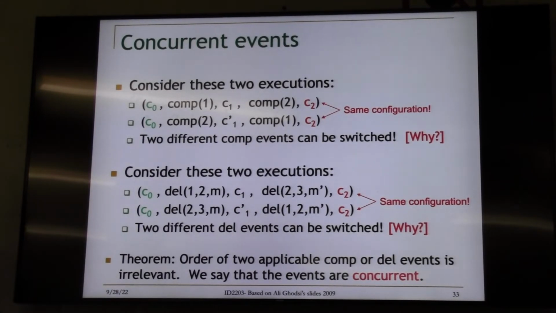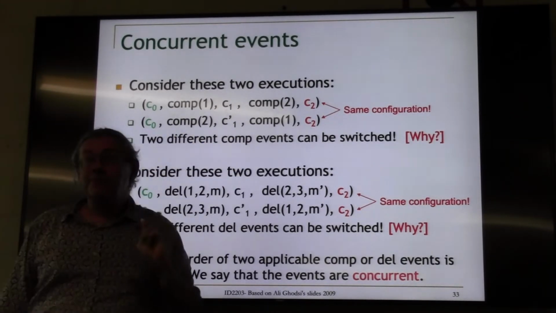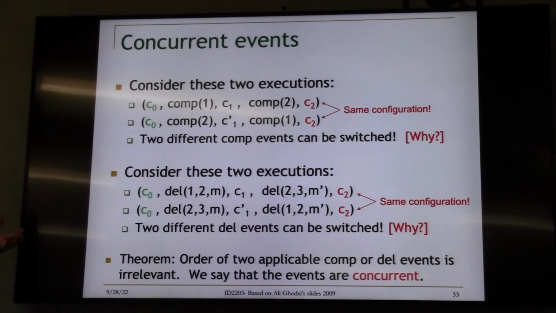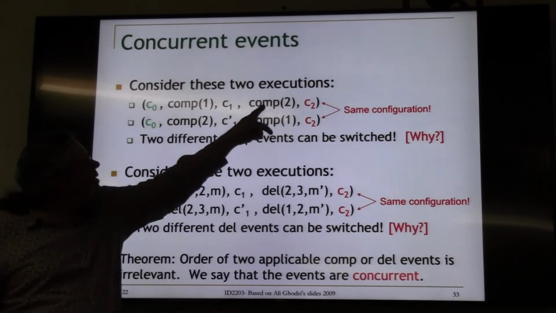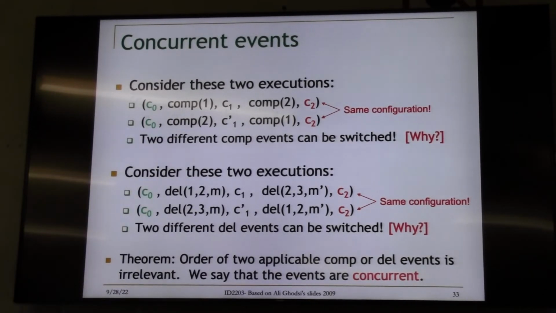If you intuitively see what a computation event is, this is a very simple thing. But why can two different comp events be switched? What do you think? An idea? What does it mean? You have to understand what it means. And then of course it's obvious. Is it because you compute different in-buffers?